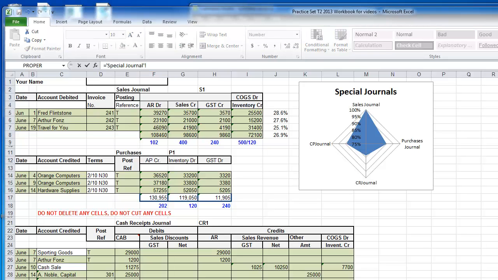This transaction is probably worth talking about. It could happen to all of these, but it did relate to Arthur Fonds, who got a discount. When he got a discount, there's some GST we thought we'd collected which we hadn't. So now that's less of a liability we've got.